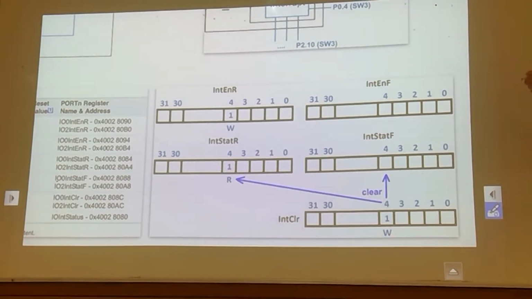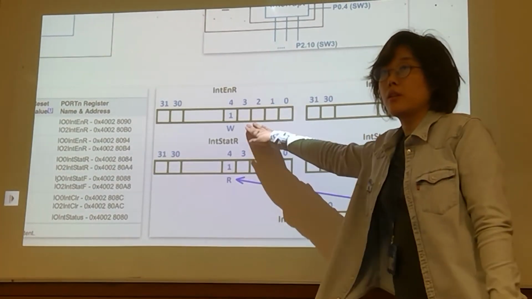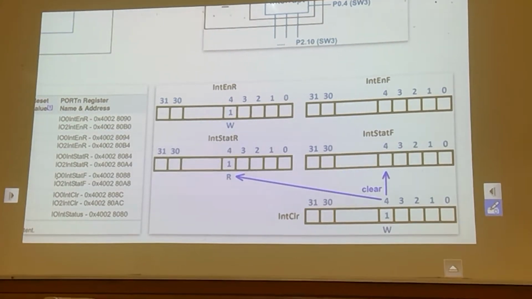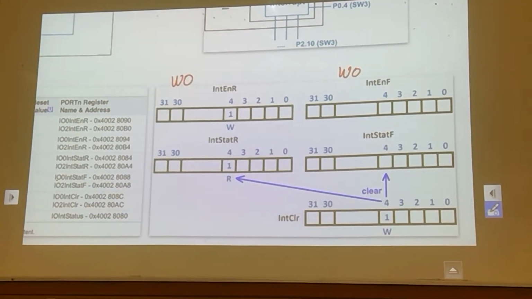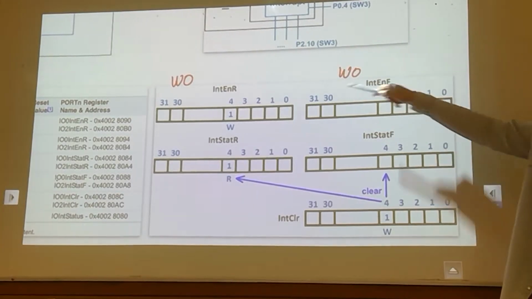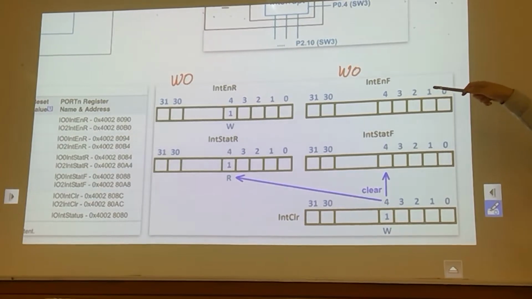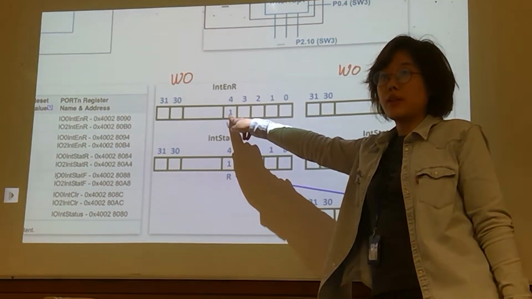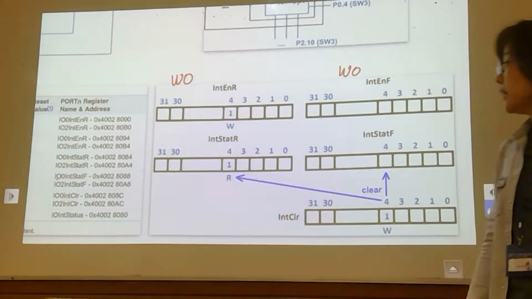What will happen is these two registers are used for write. Write only means you need to write 1 or 0 to these two registers. Let's say I write a 1 here. What does it mean?